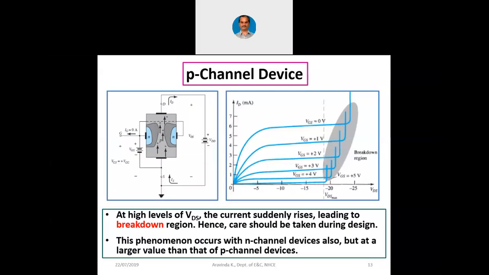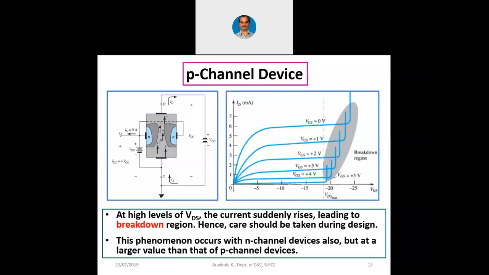As I told you now, holes cannot move, electrons have to move. That means electrons have to be pulled from somewhere and they should occupy the holes. So naturally, an n-channel device will have a larger mobility of charge carriers when compared to a p-channel device. That is because in an n-channel device, electrons are present abundantly, whereas in a p-channel device, it is the holes that are present and holes cannot move. Electrons only have to move to fill the holes.